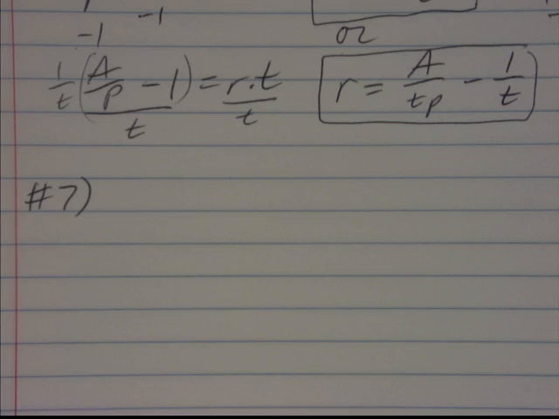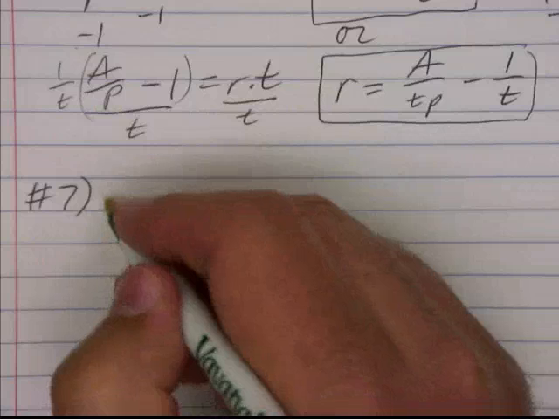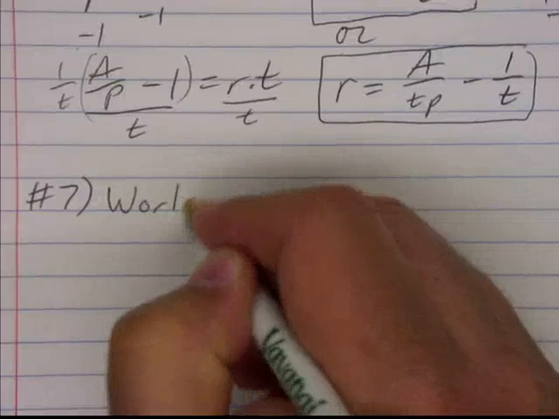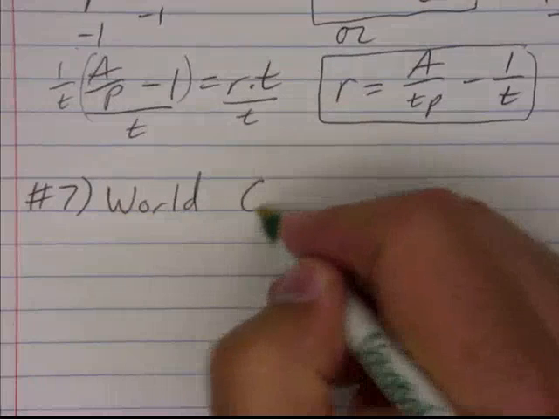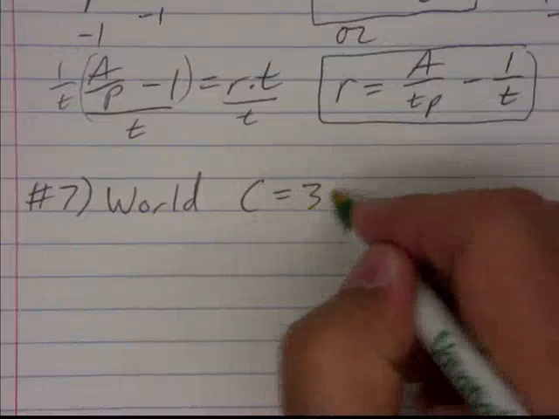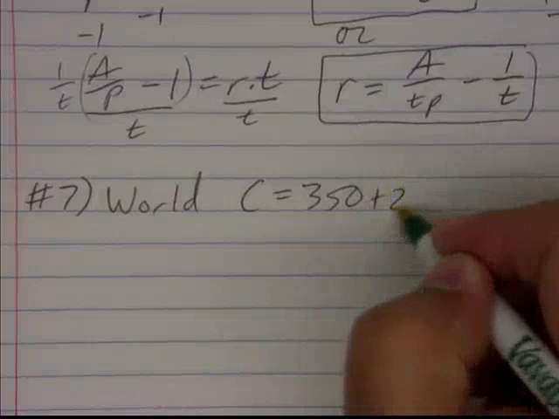So what we want to do on this is come up with linear equations for both of these. So for World, the cost for World is going to be the original charge for installation of $350, plus we're going to pay $28 a month.